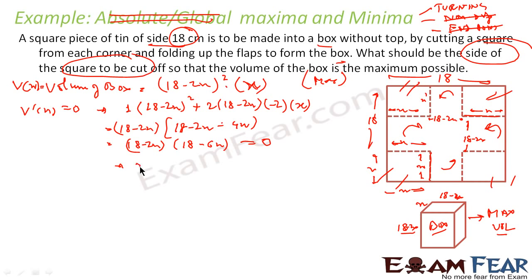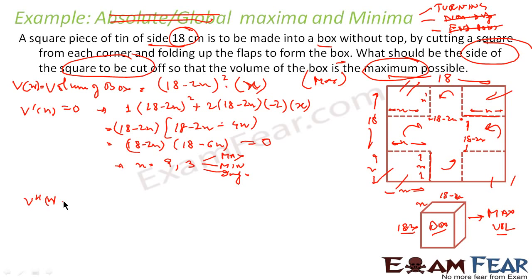If you solve this, x comes out to be 18 by 2, that is 9, and 18 by 6, that is 3. So there are two possible values of x for which this will have maxima or minima, because we are not sure. We have to find now whether at these points it is a maximum, minimum or inflection, and we are interested only in the maximum value, correct? So let's find V''(x).